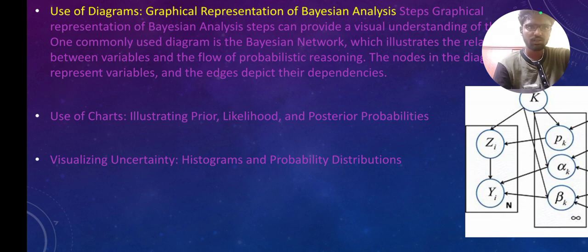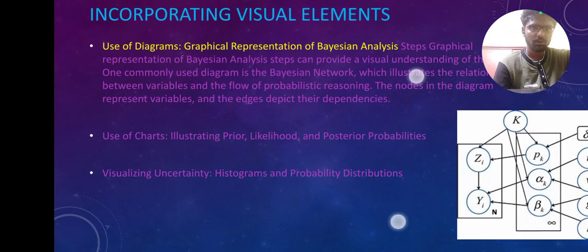The nodes in the diagram represent variables and edges depict dependence. Use of charts to illustrate prior, likelihood and posterior probabilities, and visualizing uncertainty with histograms and probability distributions.